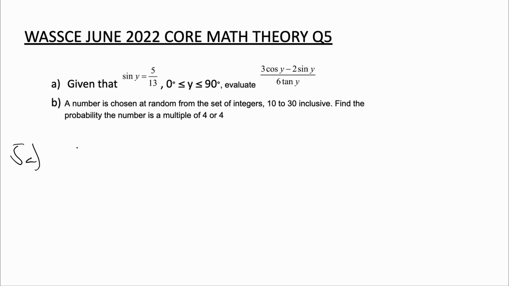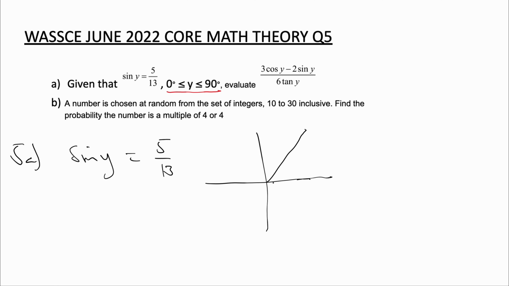So we know that sin y is equal to 5 over 13, and we are told that y is between 0 and 90 degrees. So we can say that y is an acute angle, so our y will be somewhere here.